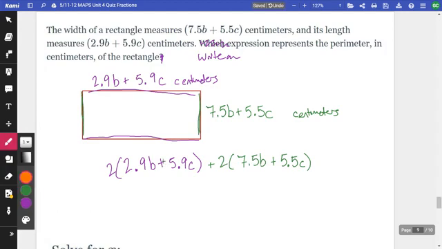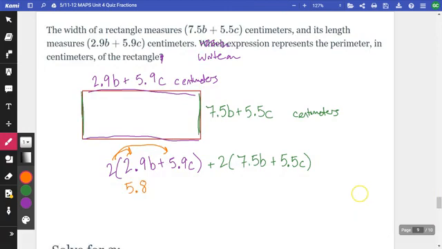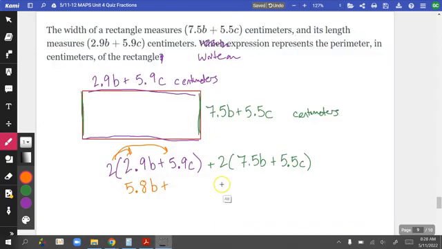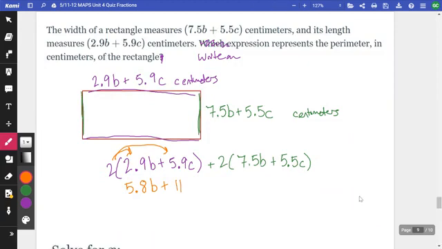So we need to combine like terms by distributing, so we distribute here, and we get what? 2 times 2.9 is 5.8b, plus 5.9c times 2. 2 times 5.9c in the purple, we get 11.8c.